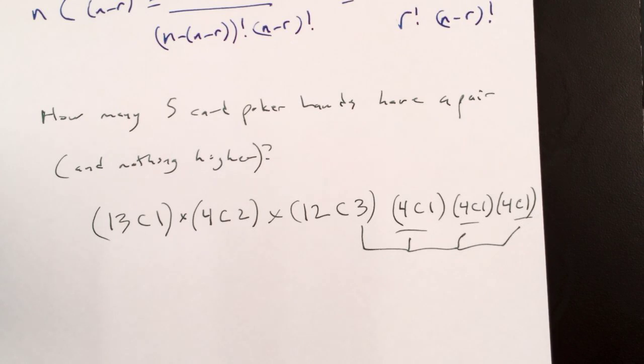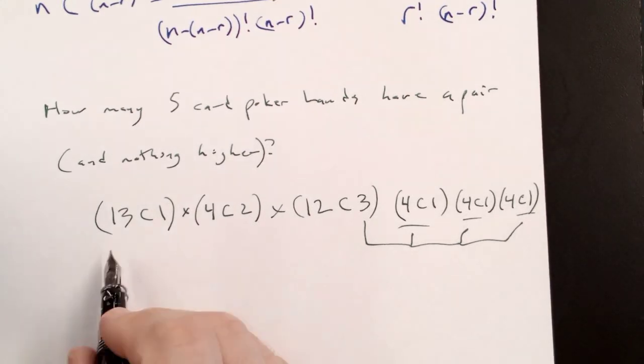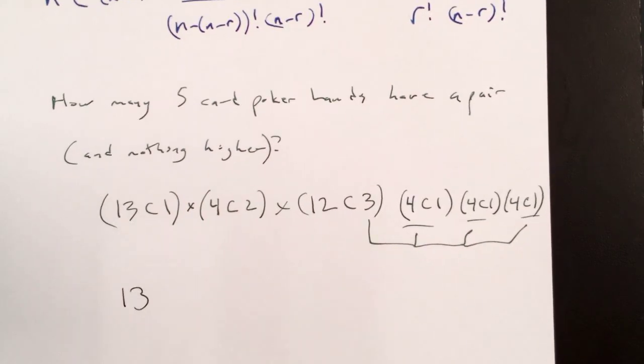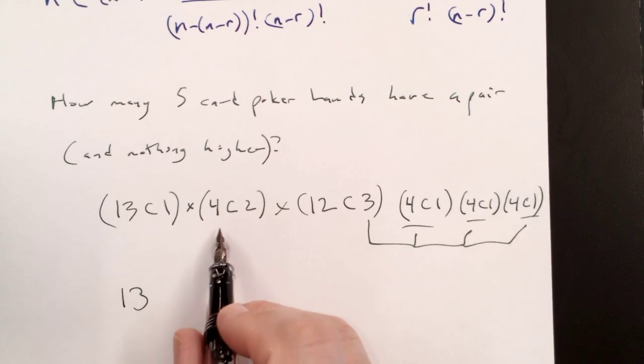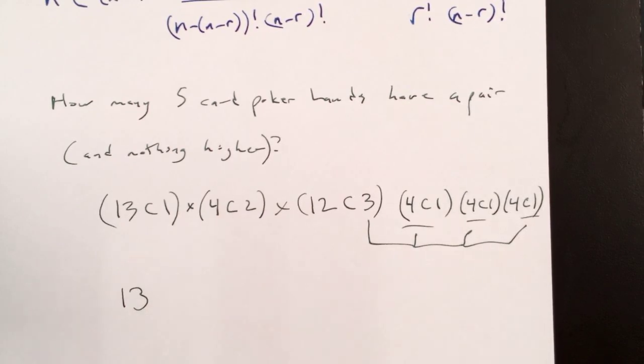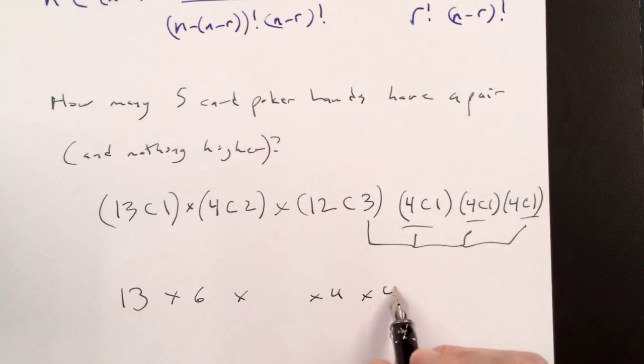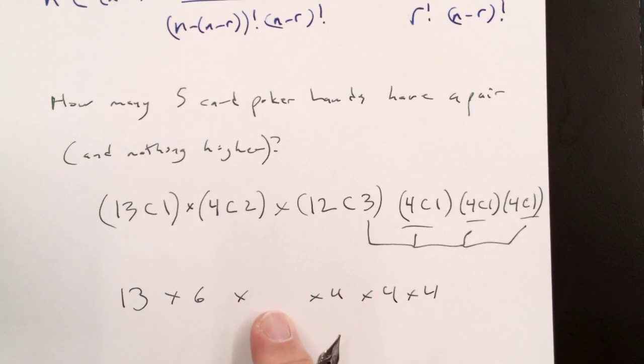Grab your calculators. Multiply. I'm going to cheat. 5 of these 6 numbers, I already know. When I choose 1 value, there's only 13 ways to do it. 4 C 2 was on my triangle. 4 C 1 was on my triangle. The one I don't know is 12 choose 3.